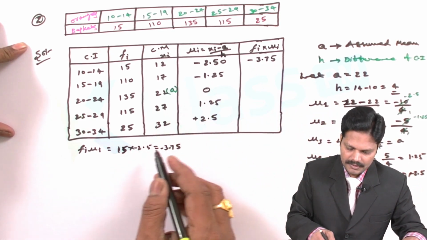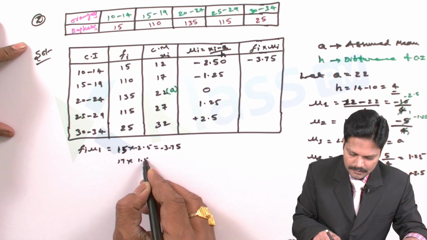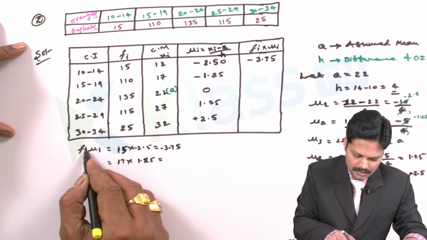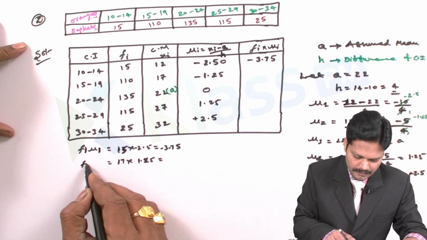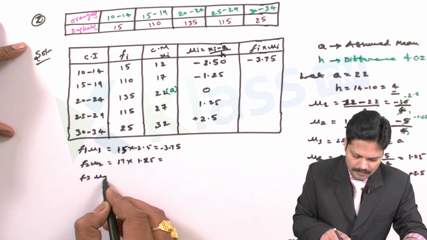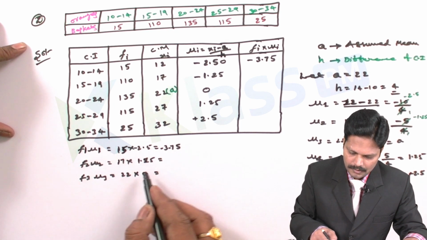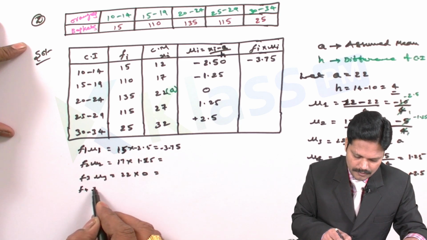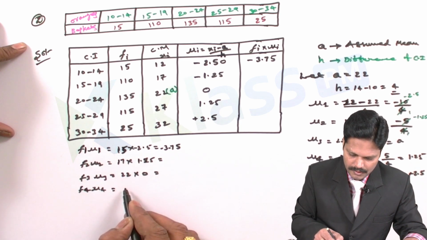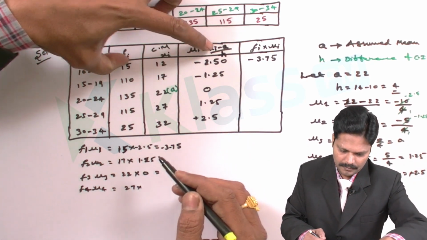In this manner we need to multiply, and 17 into minus 1.25, this is f1 u1, and we need to get f2 u2 and f3 u3. We are having 22 into 0, and f4 u4 we are having 27. Here we are taking f and u_i now.